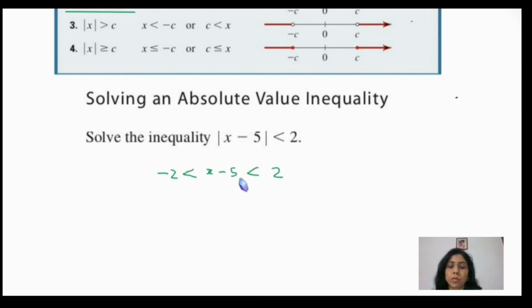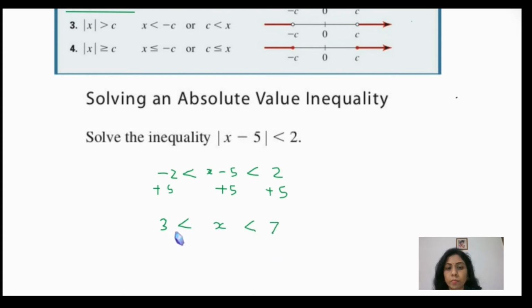Now we can solve just like a linear inequality. So add 5 to all three sides. Minus 2 plus 5 is 3, less than x after isolating x, less than 7.